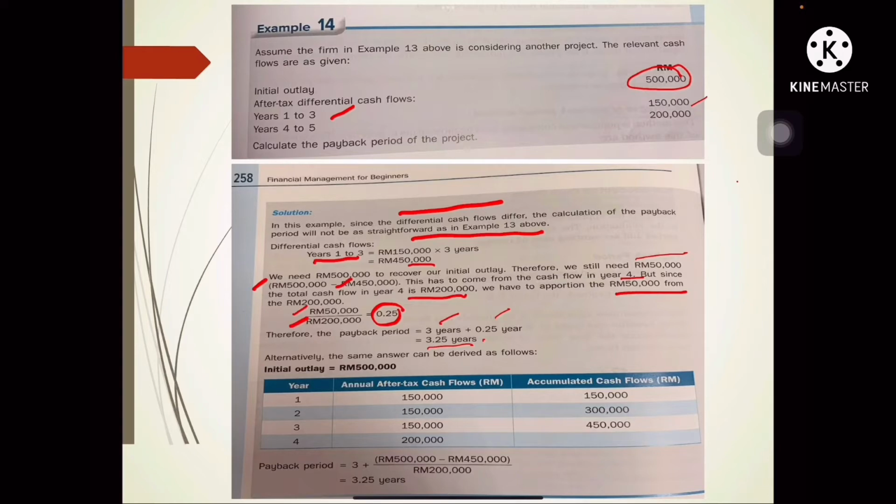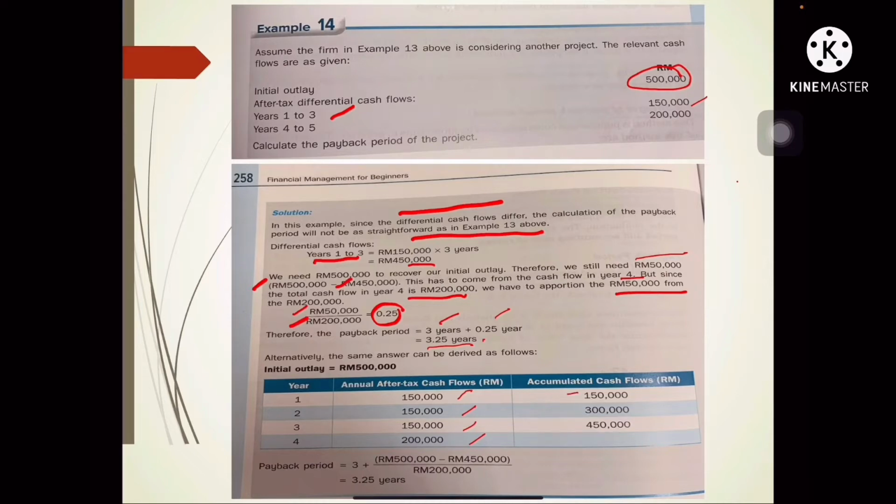If some of us still do not understand, we can look at the table over here. This is the cash inflows, 150k for year 1, year 2 and year 3, and year 4 is 200,000. This is the accumulated cash flow.